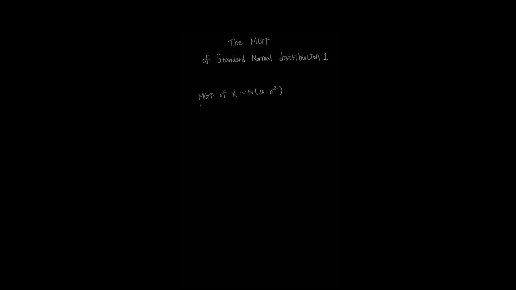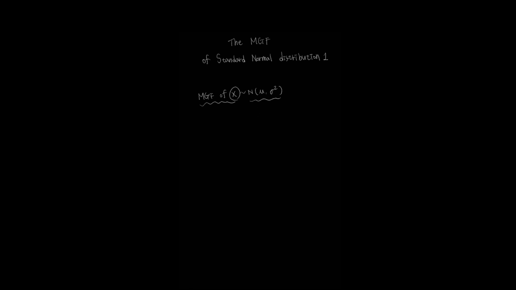So we're going to get the MGF of the normal distribution first and put 0 and 1 into the mu and sigma so that we can get the standard normal distribution and its MGF. So let's get started with the MGF of the normal distribution.